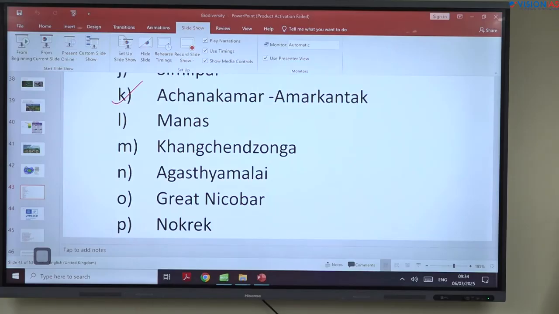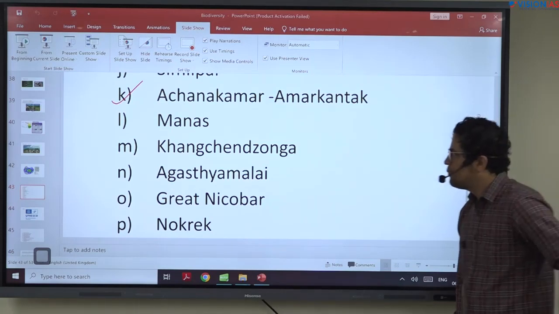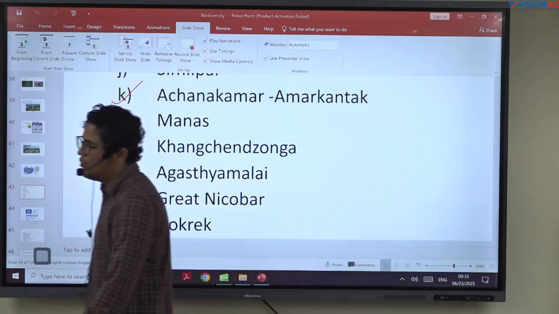And is named after Manas river, which is tributary of Brahmaputra.